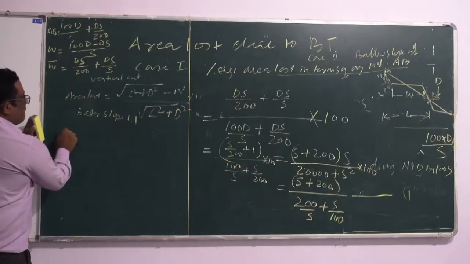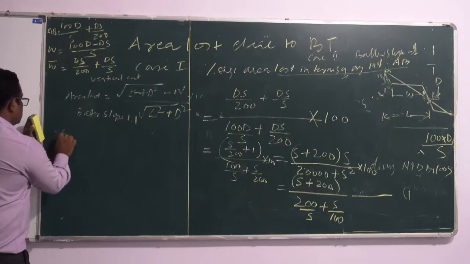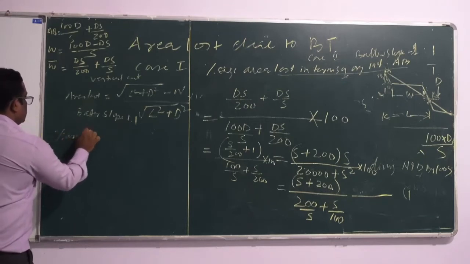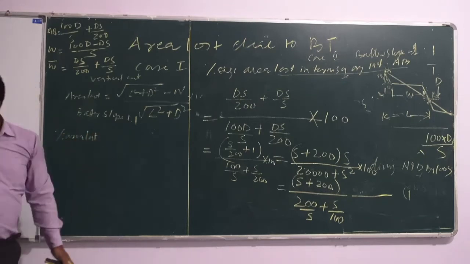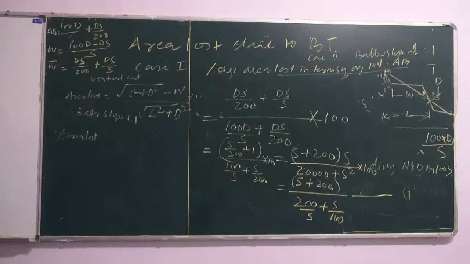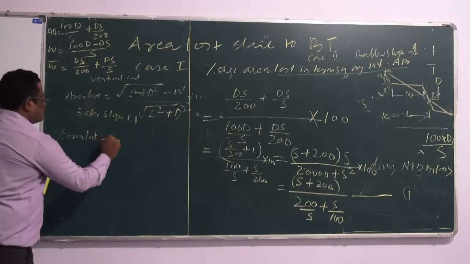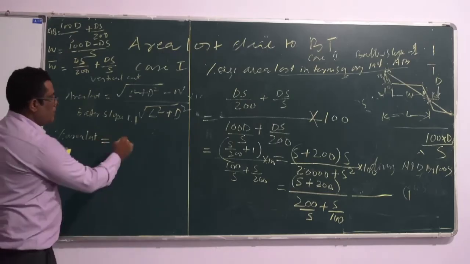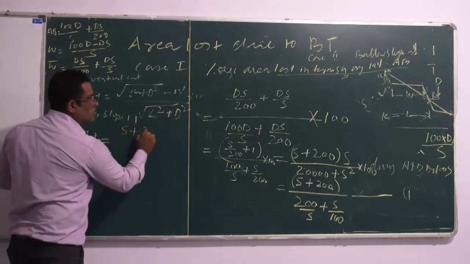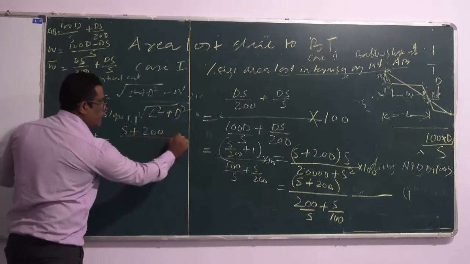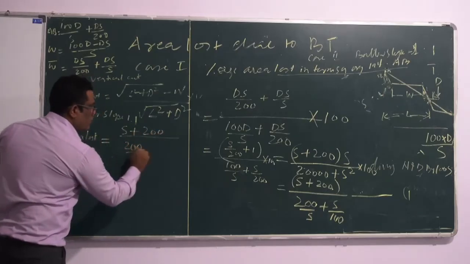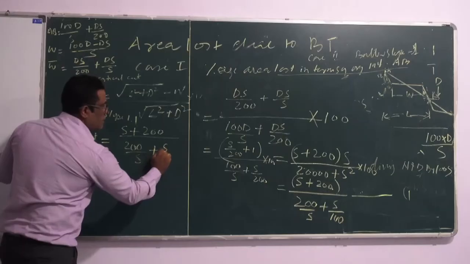It is the percentage area loss. Will be S plus 200 divided by 200 by S plus S.